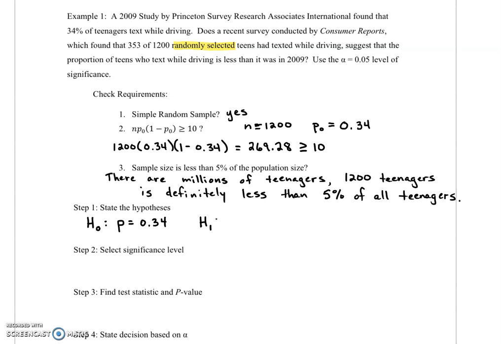Our alternative hypothesis is that p is less than 0.34, because that's what it says in the problem. Okay, so select the significance level. The problem told us that our alpha is 0.05.